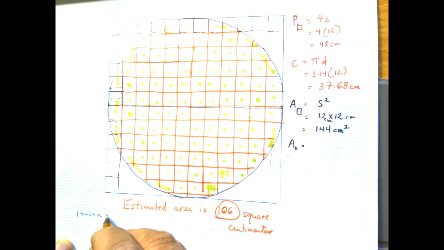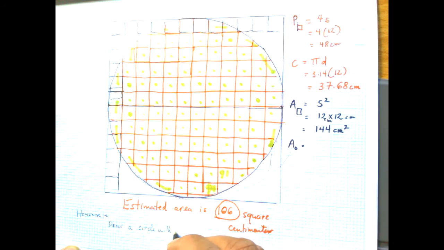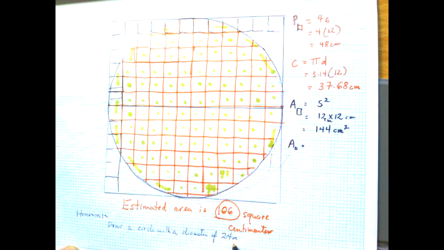Homework is: draw a circle with a diameter of 24 meters.